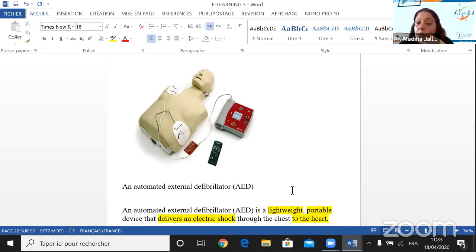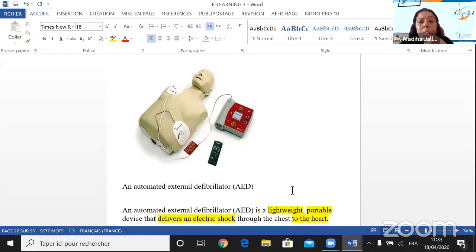So you can have one with you to respond to cardiac arrest whenever it can happen. It can also be available, for example, in large supermarkets. It can be available in bus stops. But I don't think it is available in our country.